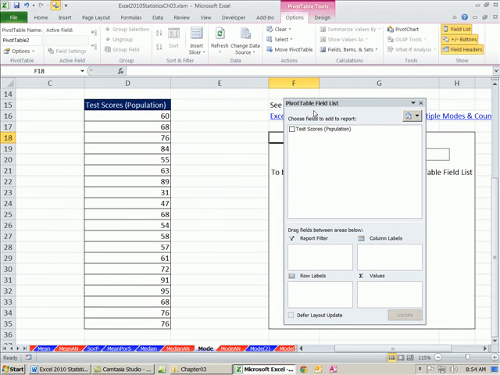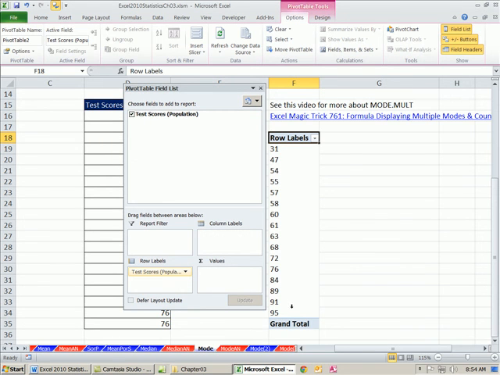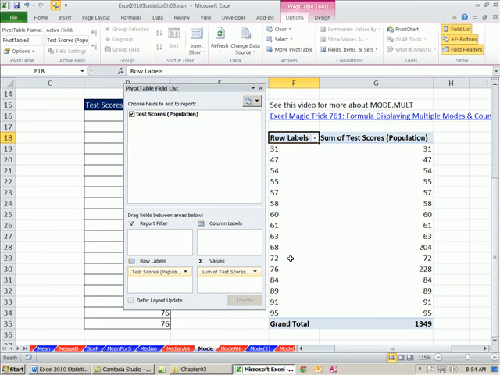Click OK. Row labels. Instantly, we get a unique list. Each number, even though there are repeats, is listed once. And then we drag down to values. Now, because it is a number, it's pre-programmed to automatically sum. That's not what we want.